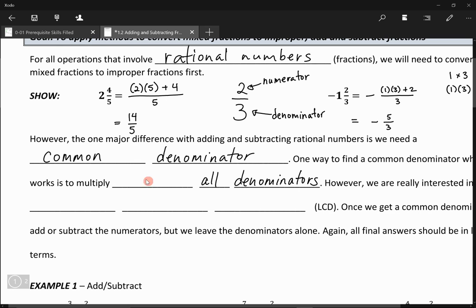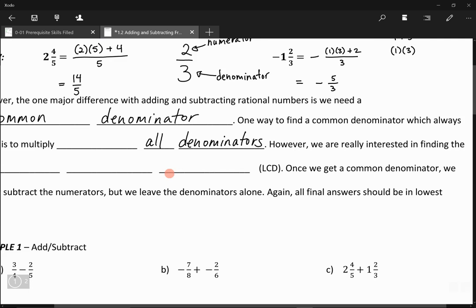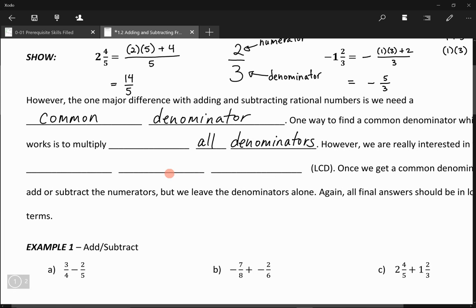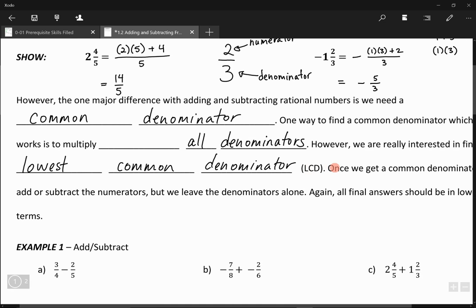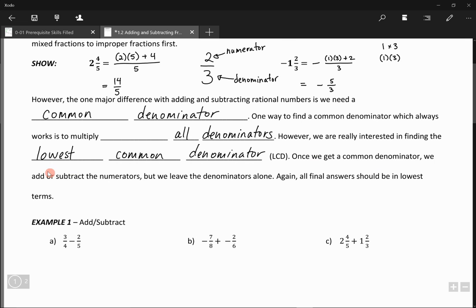I left an extra blank space; the multiply should be written here. However, we are really interested in finding the lowest common denominator. This is the LCD, lowest common denominator. Once we get a common denominator, we can add or subtract the numerators, but we leave the denominators alone. Again, all final answers should be in lowest terms.